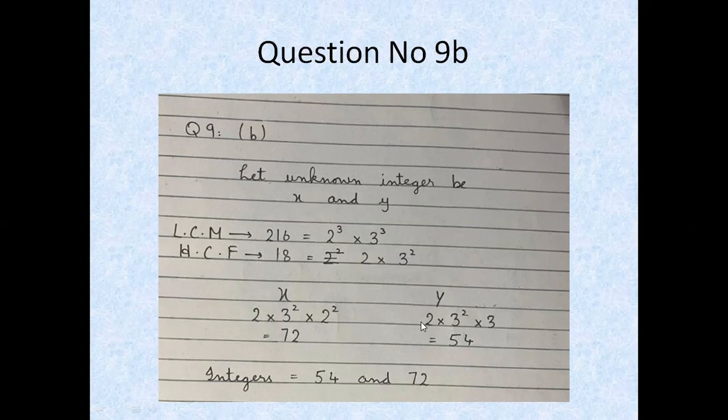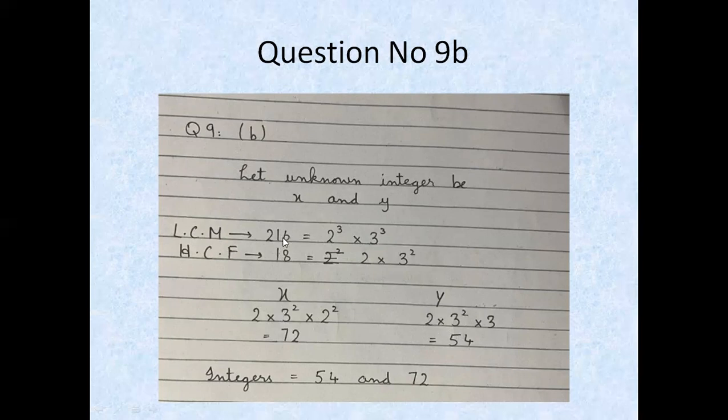So I wrote here 2 and 2. From the HCF, I can also tell you that both the numbers have 3 square, and the smaller power of the 3 in them is 3 square. So I wrote here 3 square and 3 square here.